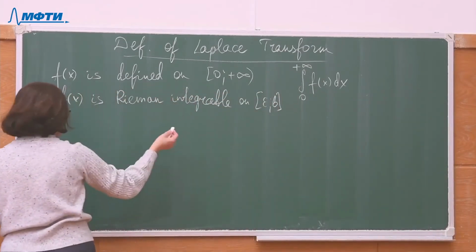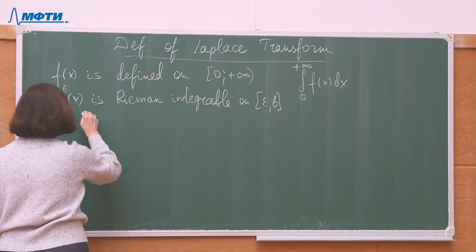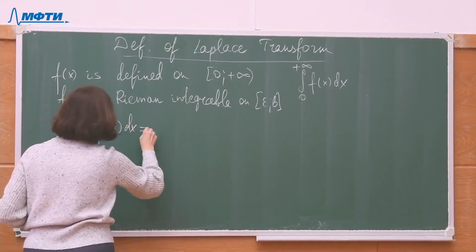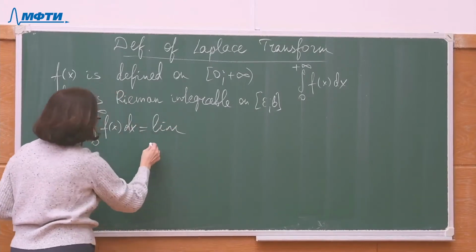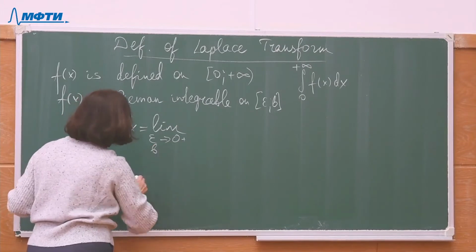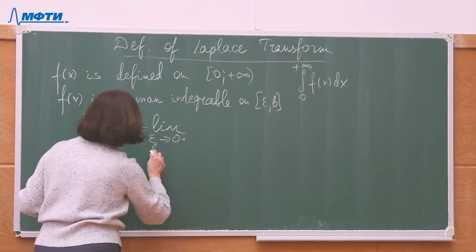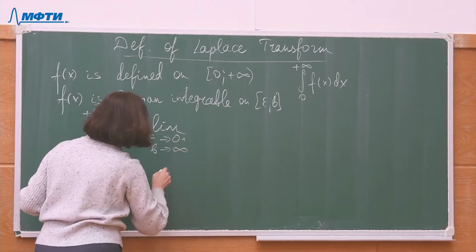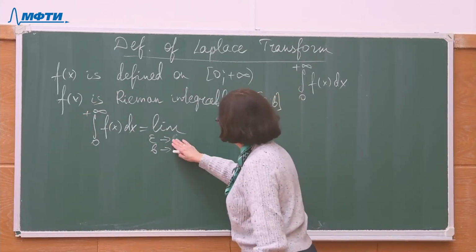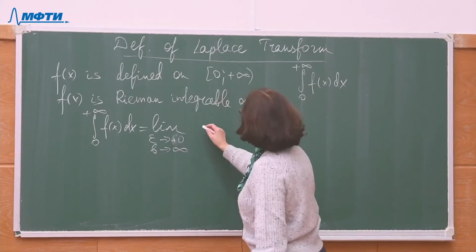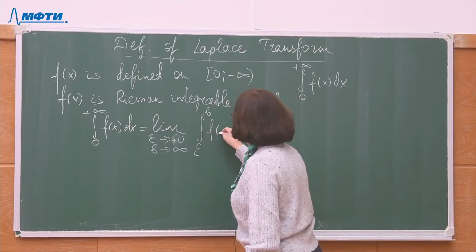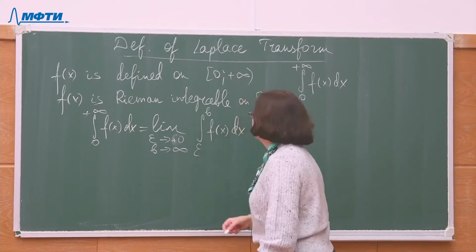And in this case, the improper integral is defined as the limit as epsilon approaches 0 from the right and b approaches infinity of the integral from epsilon to b of f of x dx.